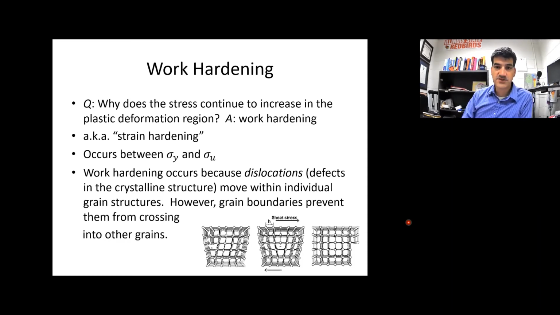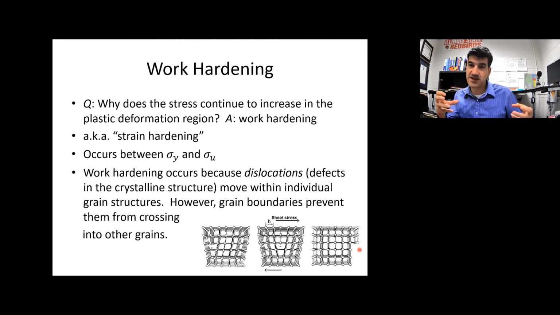All right, so what happens is, in between the yield stress and the ultimate tensile strength, you're starting to get plastic deformation to occur. So you're starting to move these defects. And generally what happens is the easiest ones to move first. So as I pull on this beyond the yield stress, I get plastic deformation.